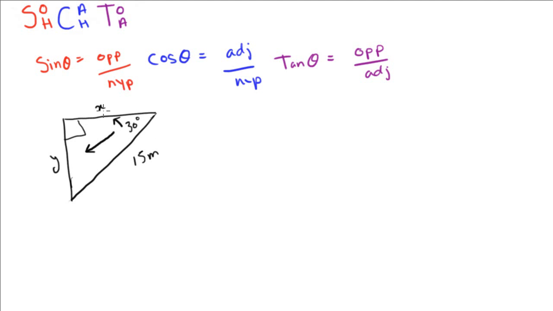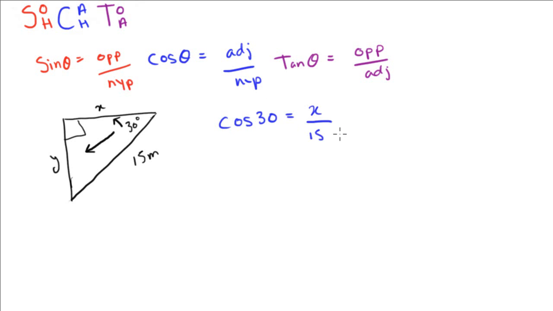To figure out x, we know that x is our adjacent side, and the only ratio that can help us solve this problem is the cos ratio. So cos of the angle, or rather cos of 30, equals the adjacent side, which is our x value, over our hypotenuse, which is 15.